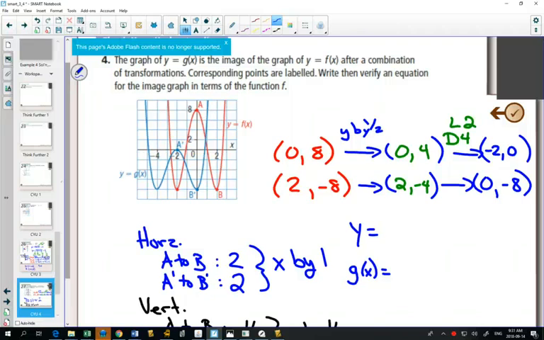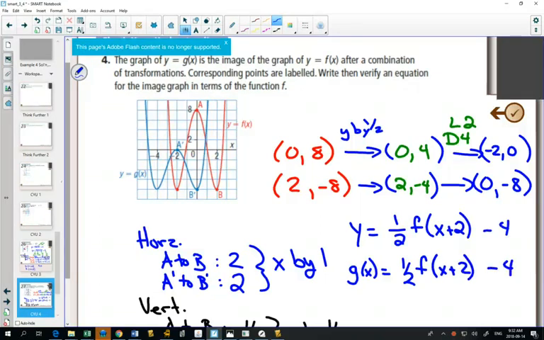We want it in terms of f, so I need to have the function f on the right-hand side. So in terms of the function f, we need y by half. That's going to be outside the function. Left 2 is going to show up inside the function, and down 4 is going to show up outside the function.